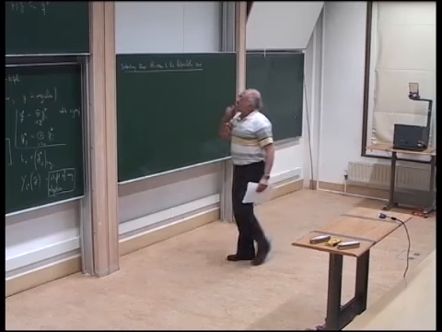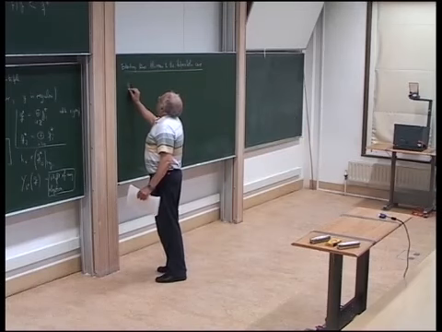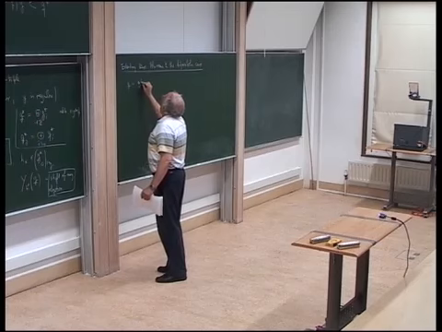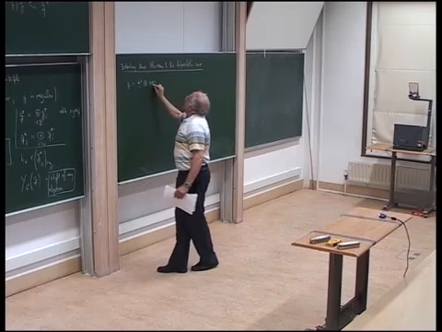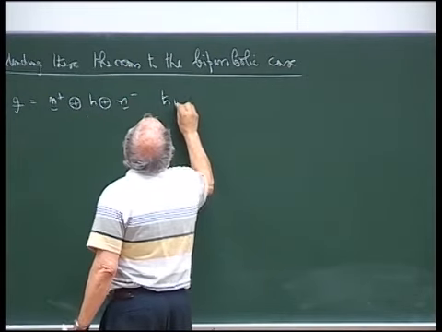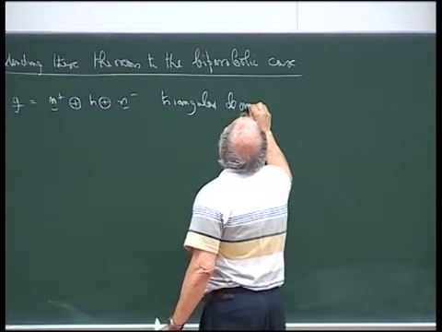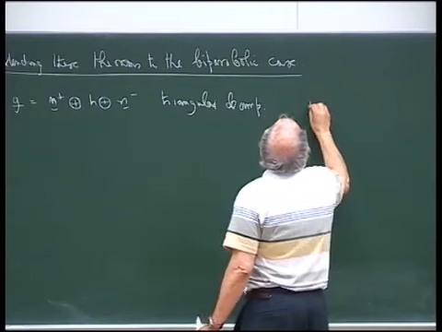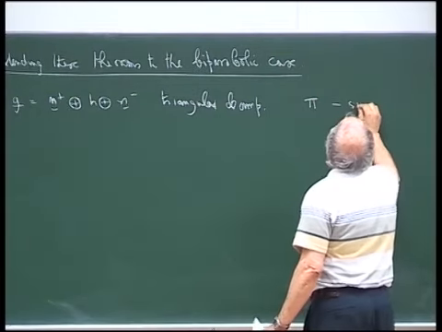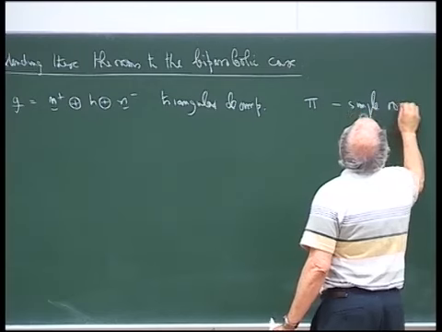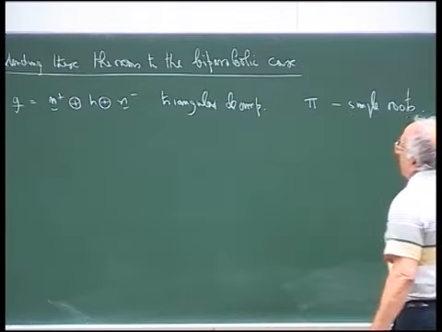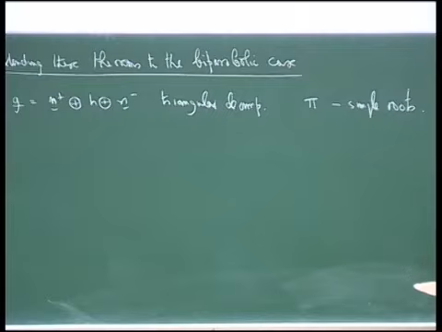So let's fix a triangular decomposition of G, which effectively means picking a set of simple roots. Well, it means making various choices, but in particular it specifies a set of simple roots.